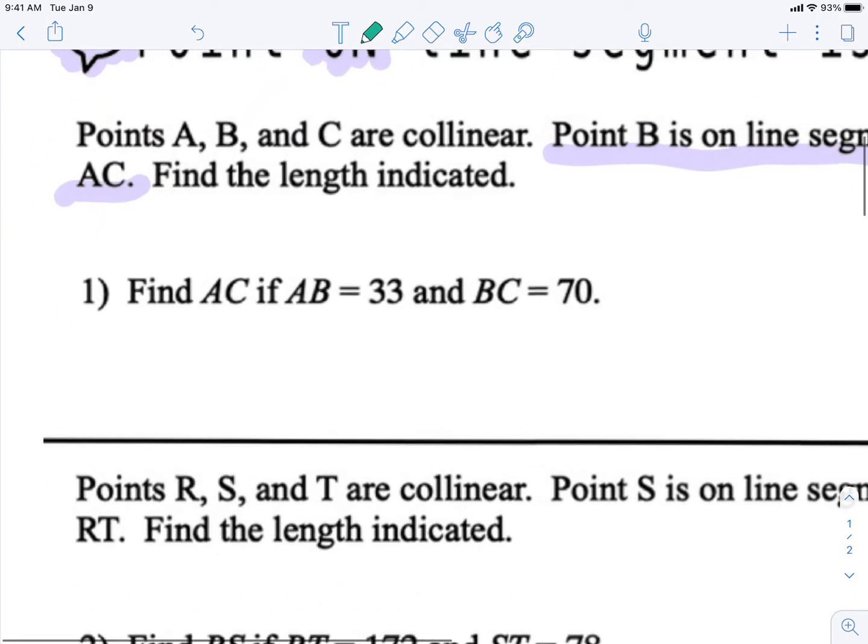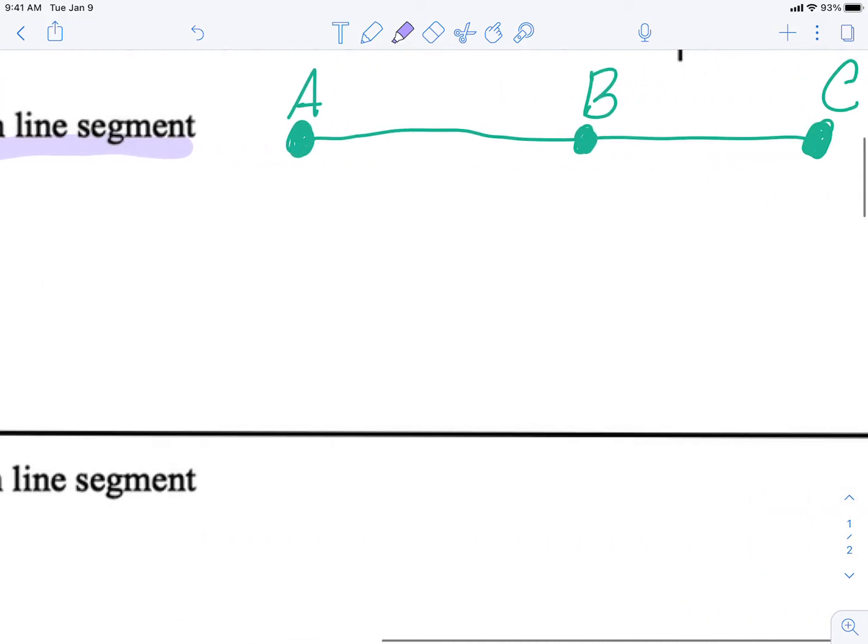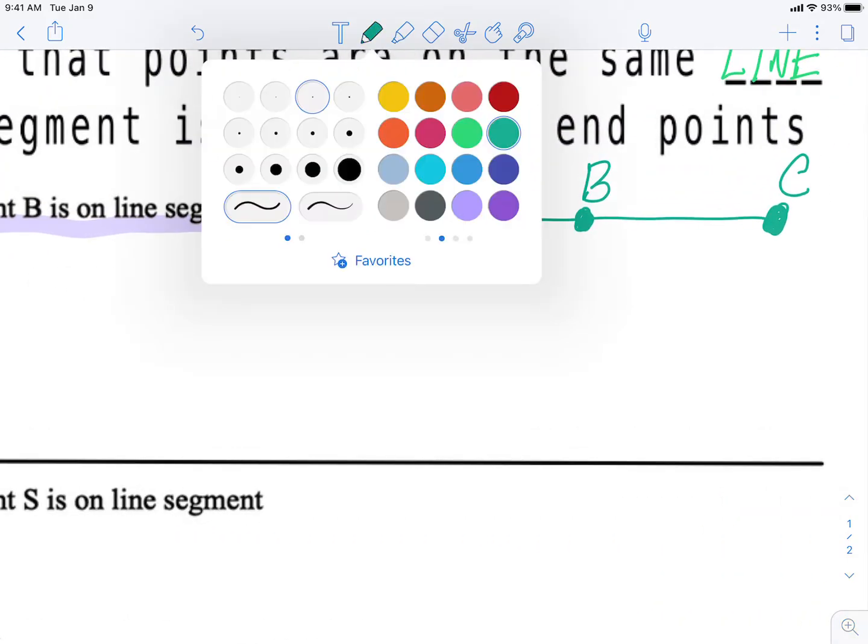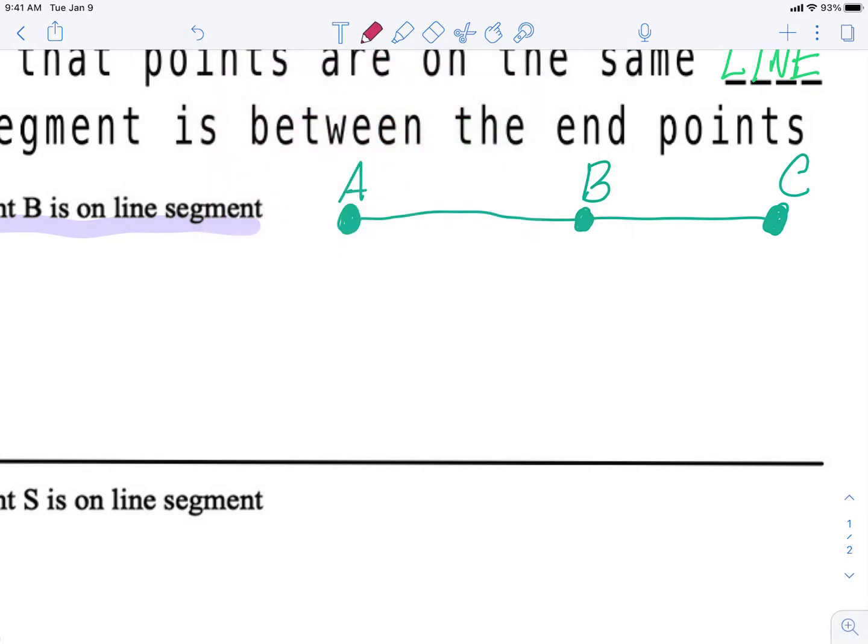First it says find AC. We have no idea how much AC is. So from A to C, we have no idea what that is, right?